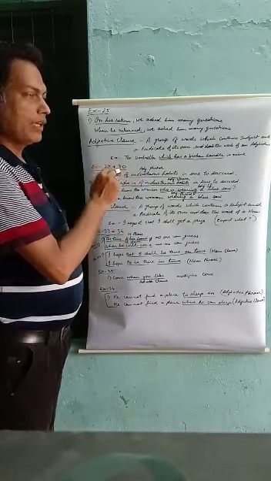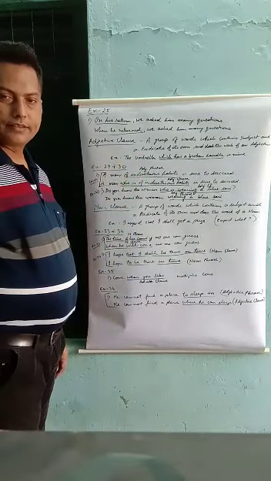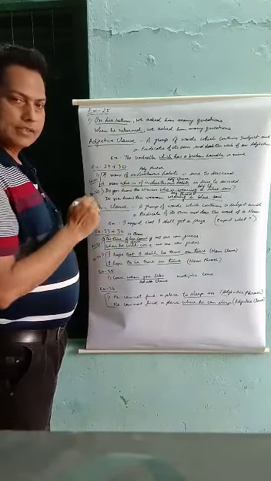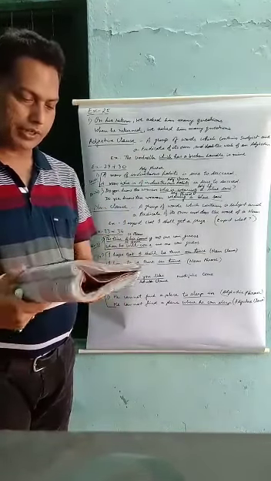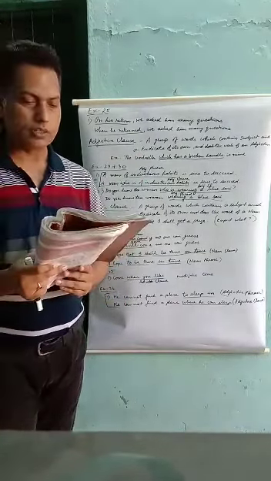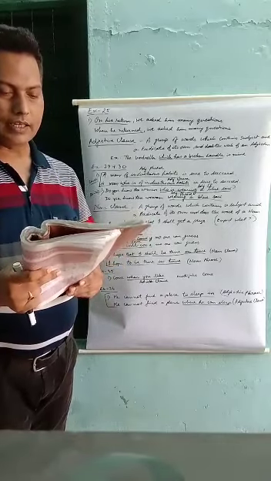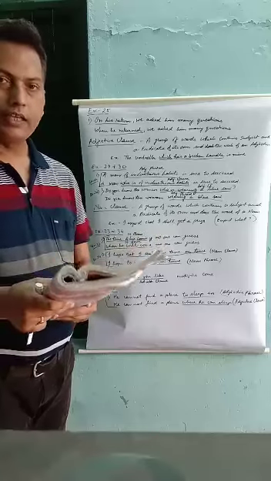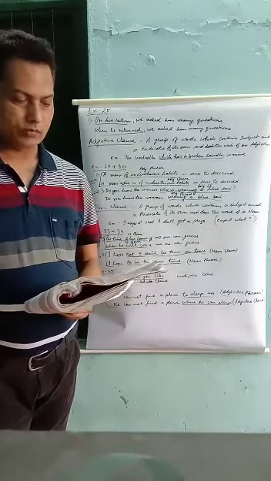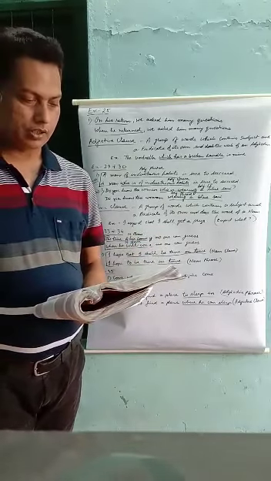With this, we are going to move to the exercise. In exercise 27 in your book, they have asked you to pick out the adjective clause and tell what noun or pronoun each qualifies. Let's see the first question.